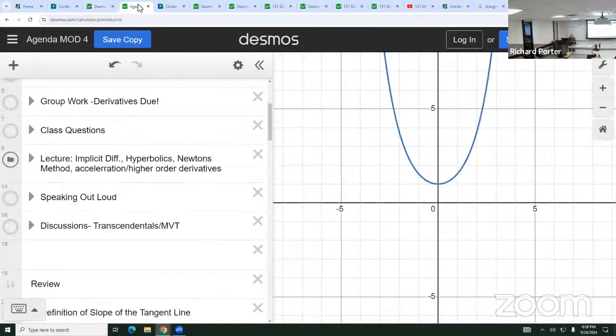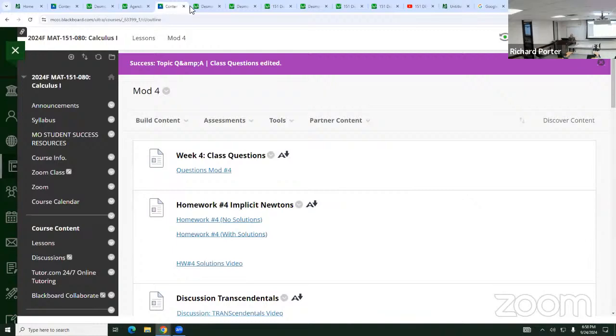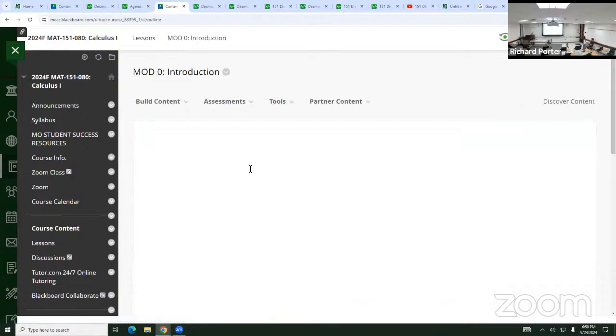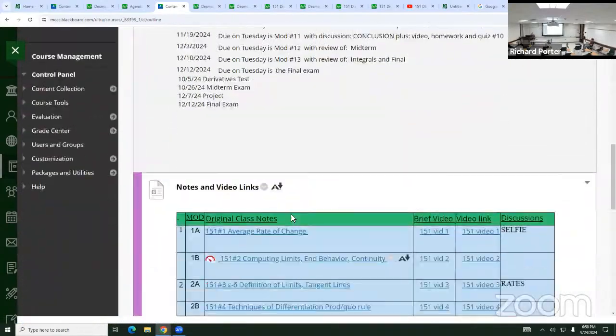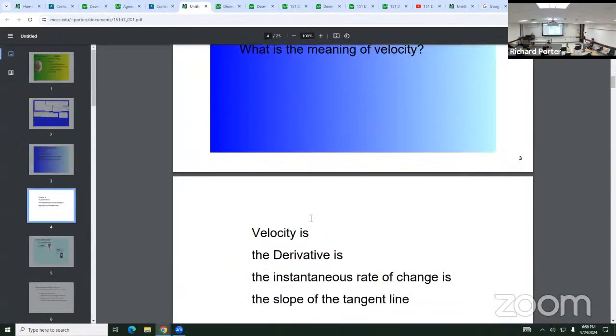Hold on, I want to see if I can show you a picture from my notes.